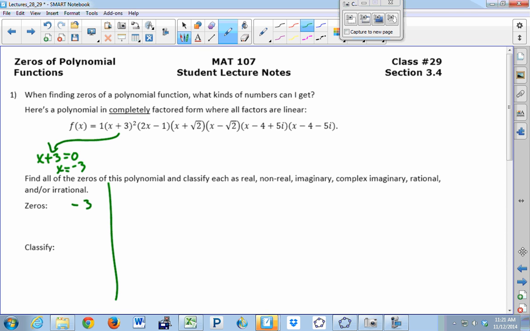Real number or non-real? Real. Is it rational or irrational? Rational. And for those of you who missed this on your take home on your project, I asked you to do integer coordinates. This is also considered an integer if we kept going down as far as we could.